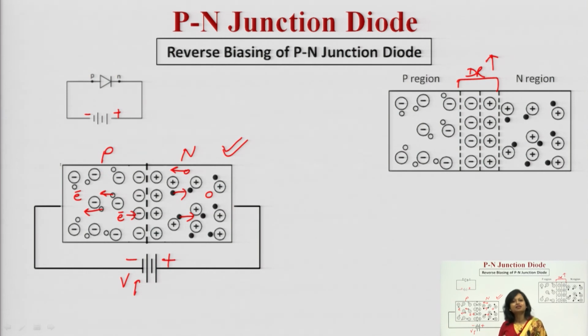But since the minority charge carrier concentration is very less, the amount of current flowing in this case is very less, and the current which flows because of the minority charge carriers is known as a leakage current or saturation current. So, these terms you must remember as well.